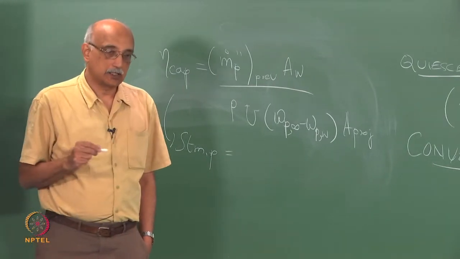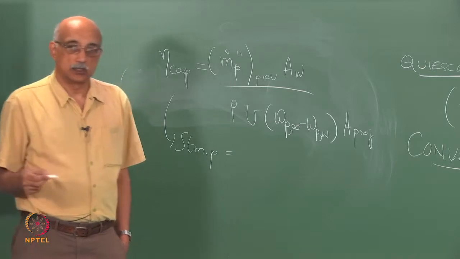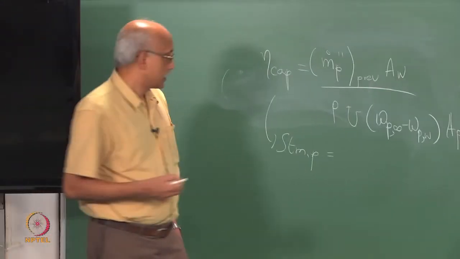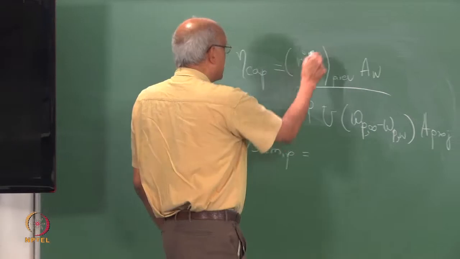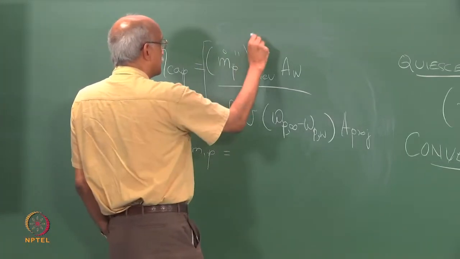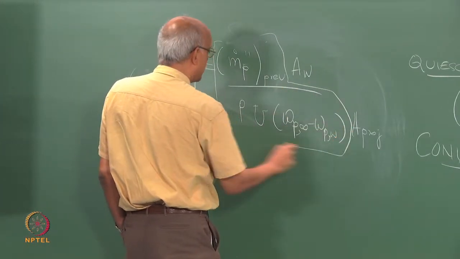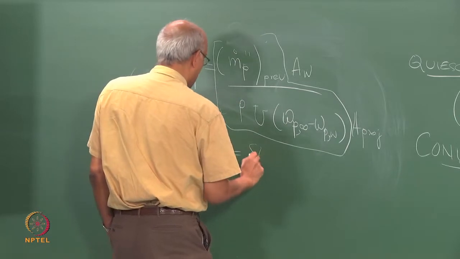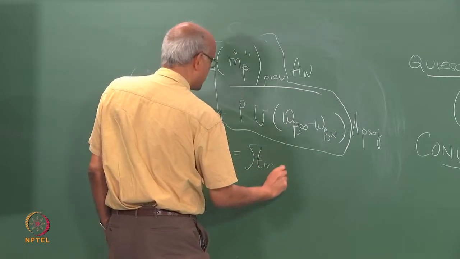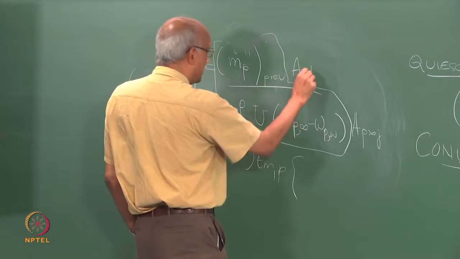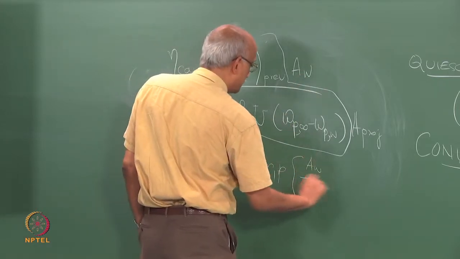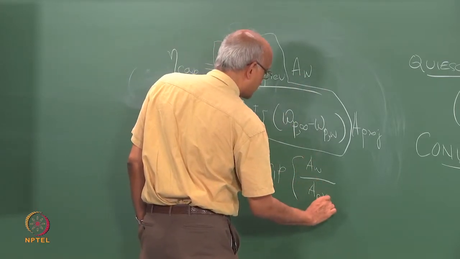But in the case where diffusion is the dominant phenomenon, you can approximate this ratio, m_p dot double prime divided by this whole thing, as a Stanton number times A_w divided by A projected.